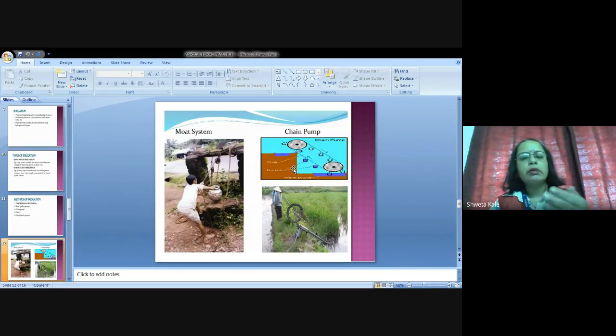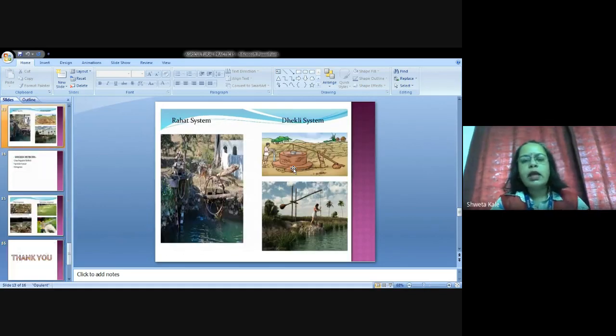Number one, the chain pump system. As I told you, it is just drawing water from the well with the help of a chain pump. Various buckets are arranged, and with the help of electricity, that water is taken up. Next is the Rahat system. In the Rahat system also a circular ring is constantly rotating, maybe with the help of bullock carts, maybe with the help of a person.